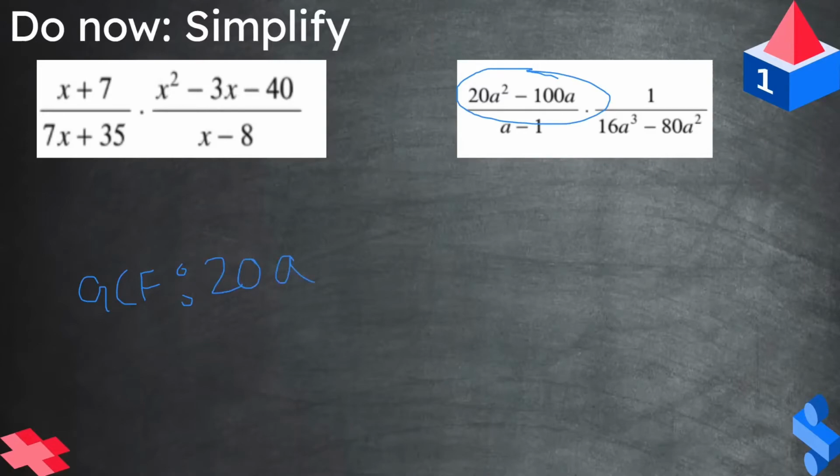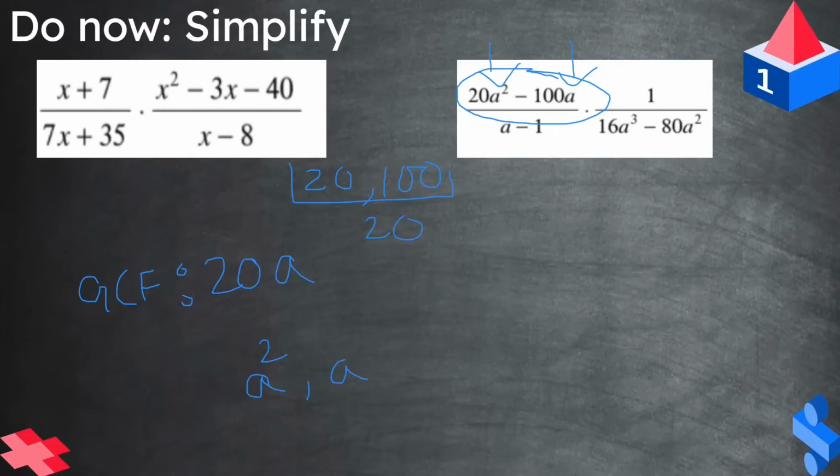And how did we figure that out? Well, if I'm looking at 20 and I'm looking at 100, the GCF is actually 20, right? So 20 is the greatest number that divides 20 and 100 evenly. I also know that my GCF has to have a variable with it because both of my terms have a variable. The first one is a squared, the second one is a.